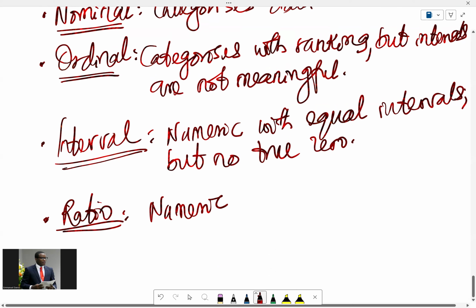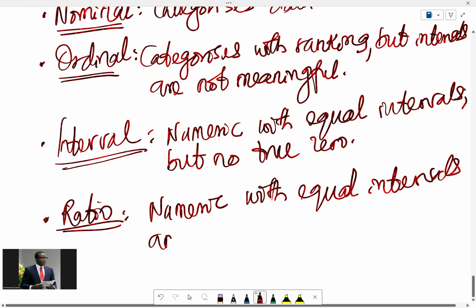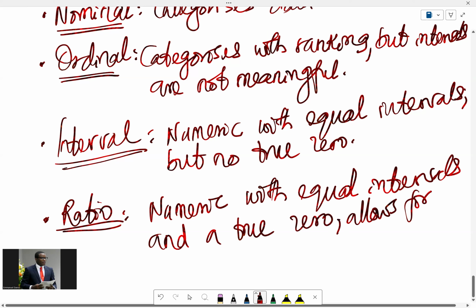So ratio scale is numeric with equal intervals and a true zero, which allows for arithmetic operations.